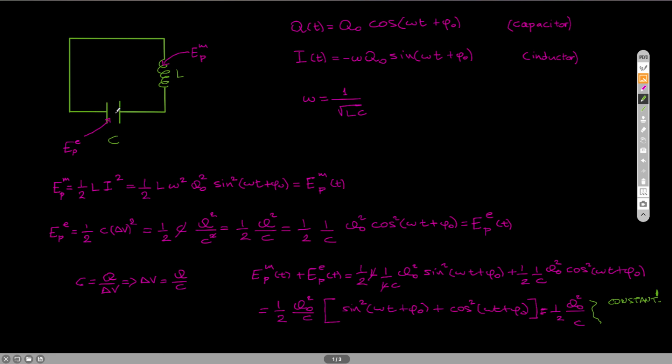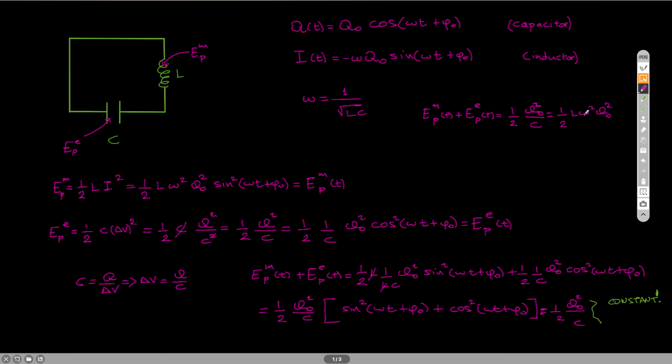Now you can also show that, okay, so the sum of the two energies, EP, so what I just showed is that this is equal to 1/2 Q naught squared over C, but we can also show that this is equal to 1/2 L omega squared Q naught squared.